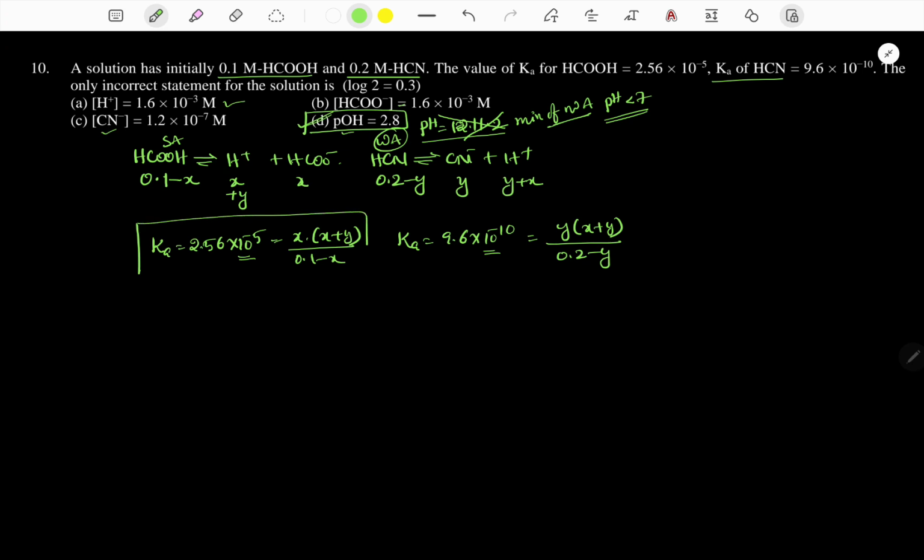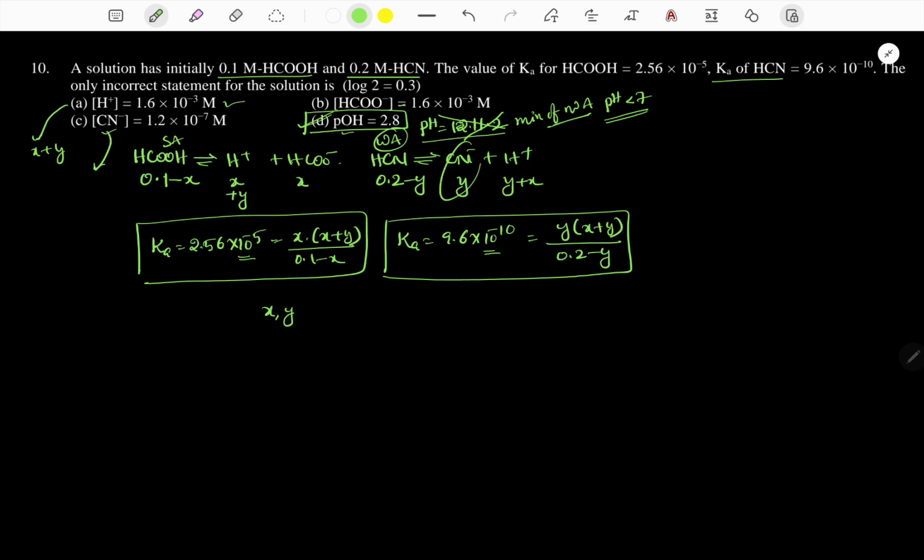So it is the first equation and it is the second equation. On solving these two, we get x and y values. H plus concentration means x plus y, CN minus concentration means y value, and HCOO minus value is x value. So two equations, two unknown terms. On solving these two, we get x and y values.